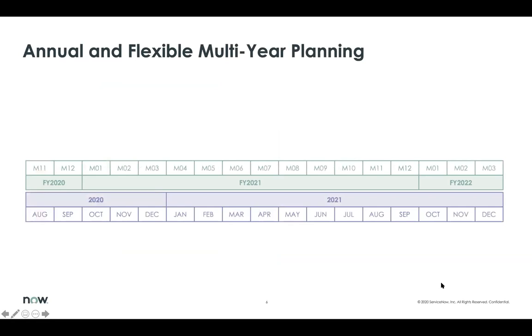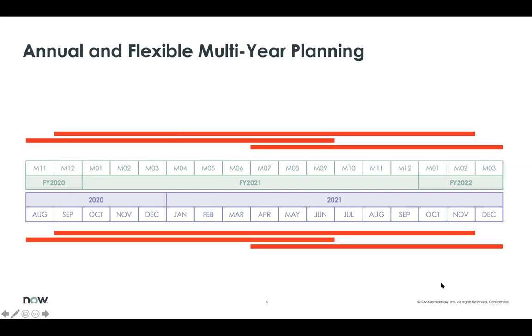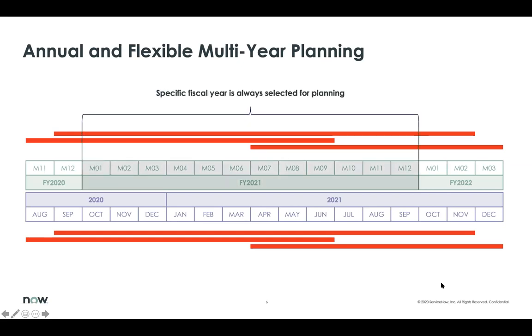Here I'm illustrating the situation that we have sometimes with fiscal periods. Each one of these red lines basically represents a project, or a demand that would eventually become a project.